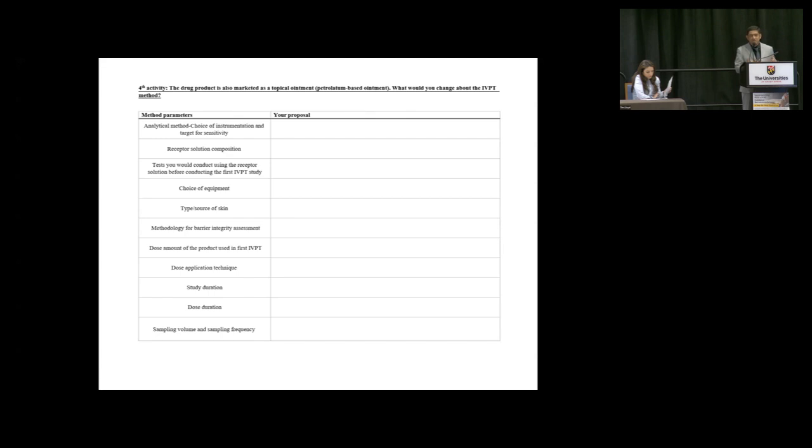Alternatively, the receptor media and everything else we don't need to significantly alter, considering the baseline method on hand, and accordingly we can proceed to the next IVPT development stages.